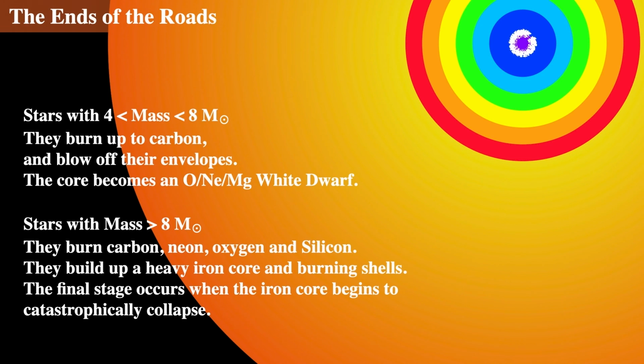That's the end of the road for these stars. Stars between 4 and 8 times the mass of the sun burn all the way up to carbon. And anything less than 4 solar masses only burns helium, and the cores of these intermediate mass stars become white dwarfs. Anything bigger than 8 solar masses gets all the way up to iron and does a catastrophic collapse.